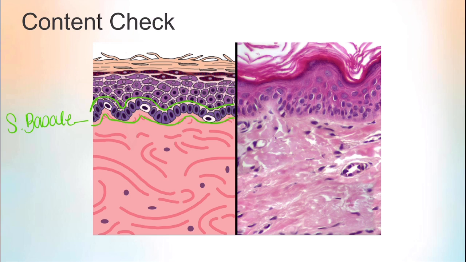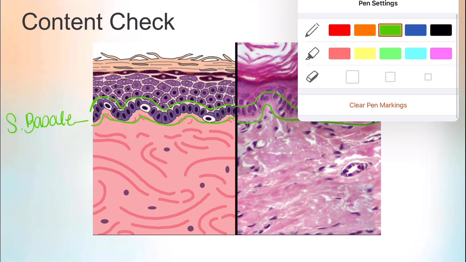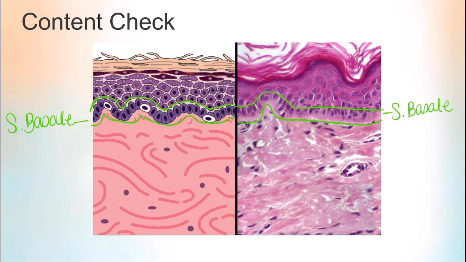And then if we look, this image is actually super duper clear of where that stratum basale is, and I really do appreciate how nicely these cells are organized. So stratum basale. All right, for our next one is going to be the stratum spinosum. So same thing as the previous layer, it's going to be these darker ones right here.